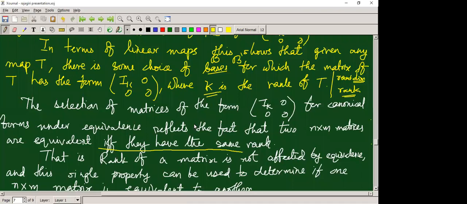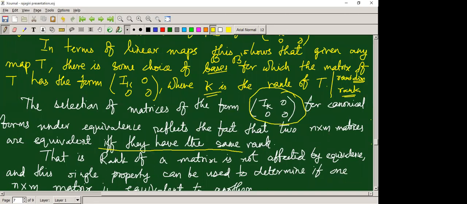So this is actually the canonical representation, or canonical form, or canonical element, anything we can say. The selection of matrices of the form [I_k 0; 0 0] as canonical forms under equivalence reflects the fact that two n by m matrices are equivalent if and only if they have the same rank.